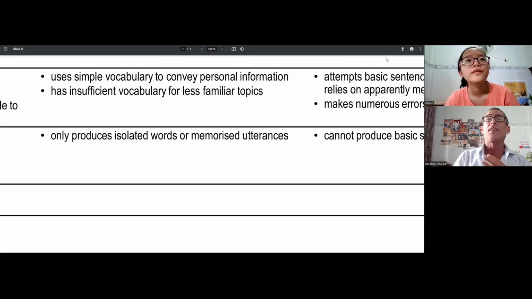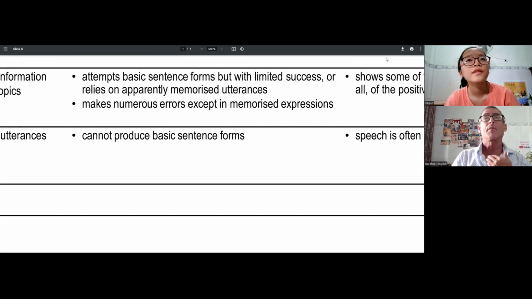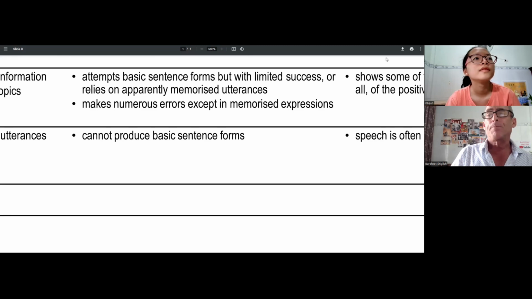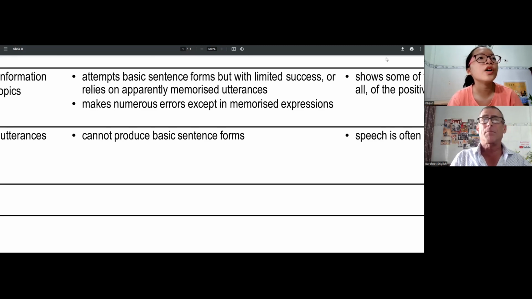Now let's get to the last one. Can you read that, please? Cannot produce basic sentence forms. All right. What does that mean? I think they can't talk the whole sentence.